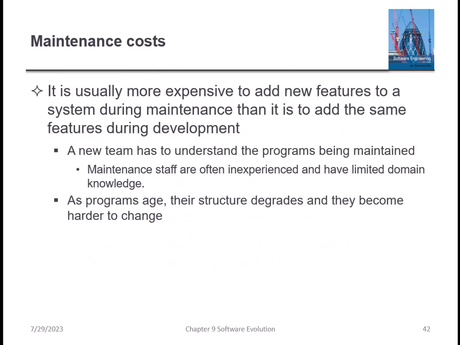It is usually more expensive to add new features to a system during maintenance than it is to add the same feature during development. Why? Because during development all the code is under control and the same developer is doing the modification. After the implementation, it is possible that the same developer and architect are involved, but it is not possible all the time.